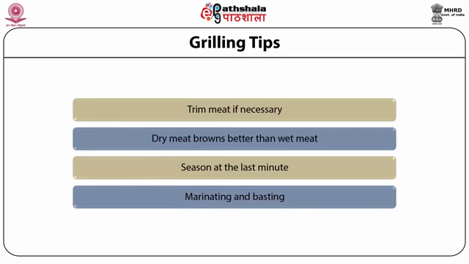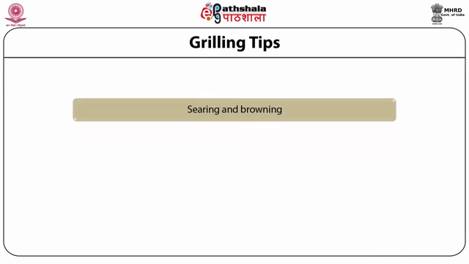Marinating and basting. Before cooking, beef or lamb steaks may be marinated in mixtures of oil with vinegar, wine or citrus juice, herbs and spices, etc. to help tenderize and add flavor. Drain meat of marinade and blot dry before pan grilling. Searing and browning.